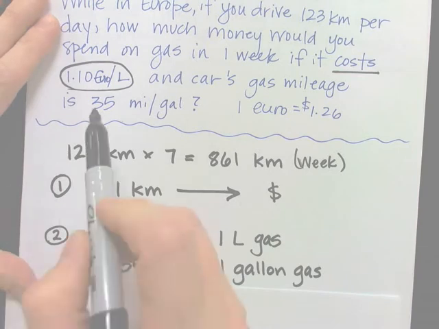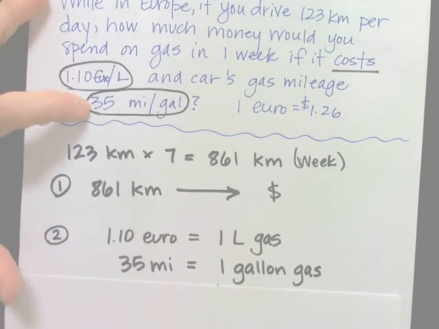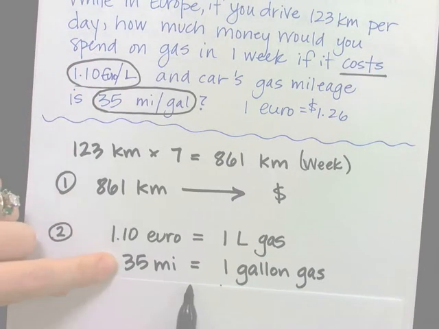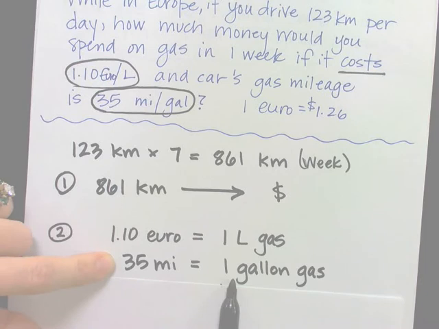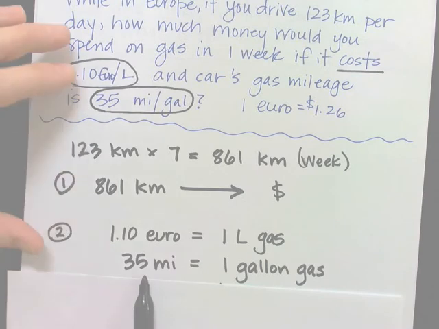So notice how the problem gave it to me as a gas mileage, but I'm going to write it down as an equality. I will travel 35 miles and use up a gallon of gas, or for every gallon of gas I use, I can travel 35 miles.